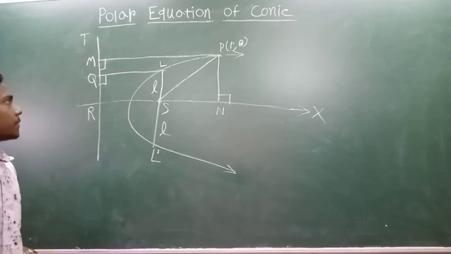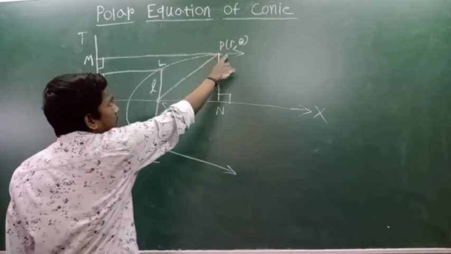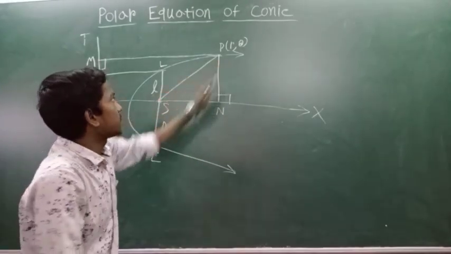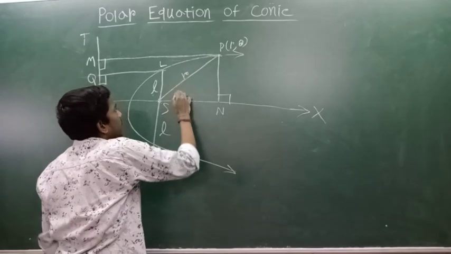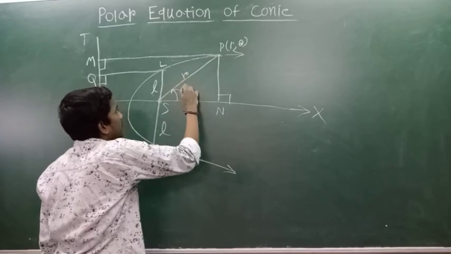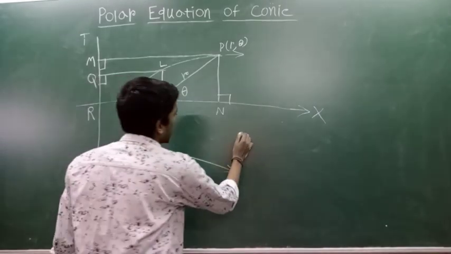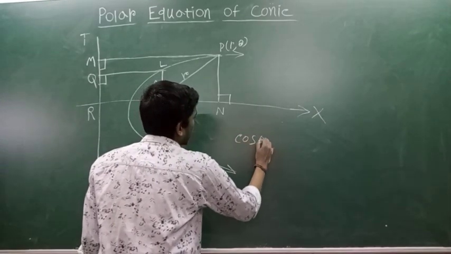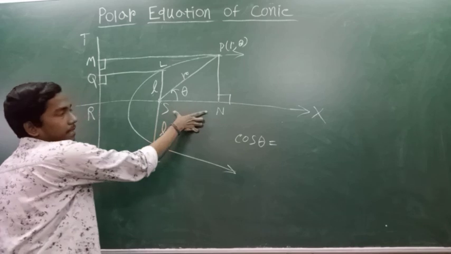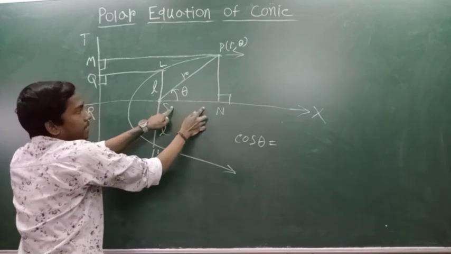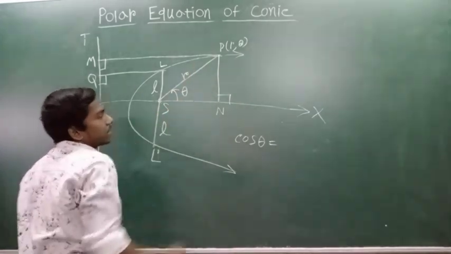So from here we can say that since the coordinate of point P is r comma theta, this length is r and this angle is theta. So we can say that cos theta is equal to base upon hypotenuse, base SN divided by hypotenuse SP.